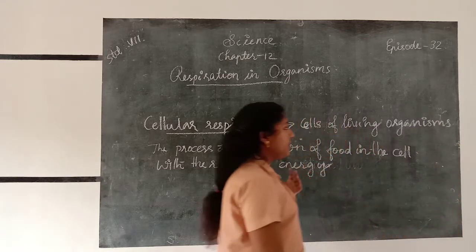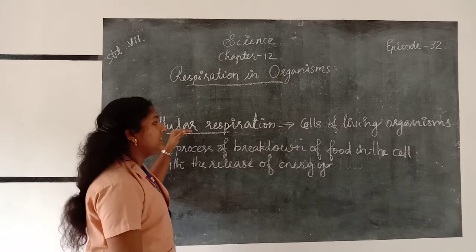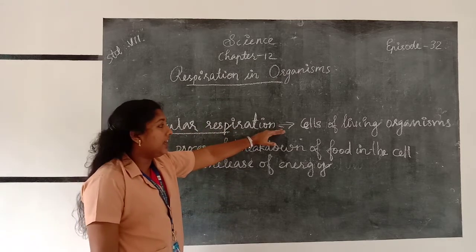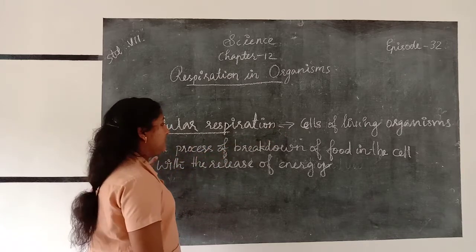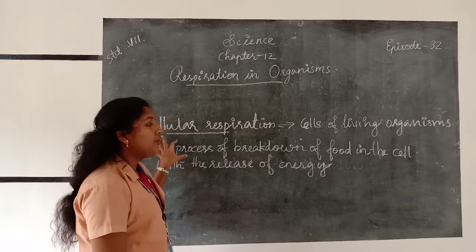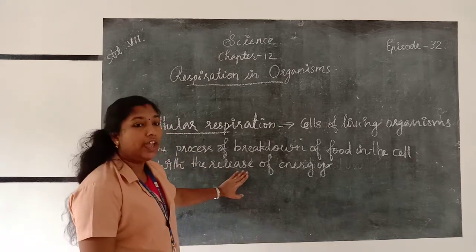Once again, about cellular respiration, where does it take place? Cellular respiration takes place in the cells of living organisms. Cellular respiration means the process of breakdown of food in the cell with the release of energy.